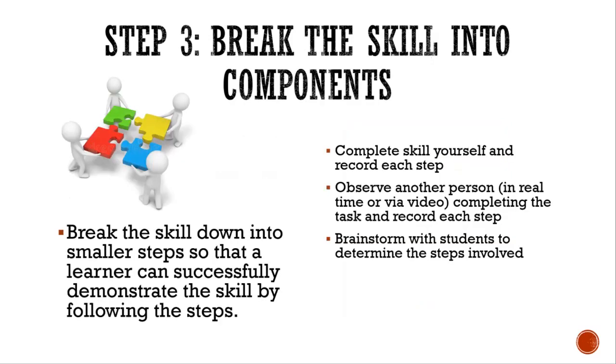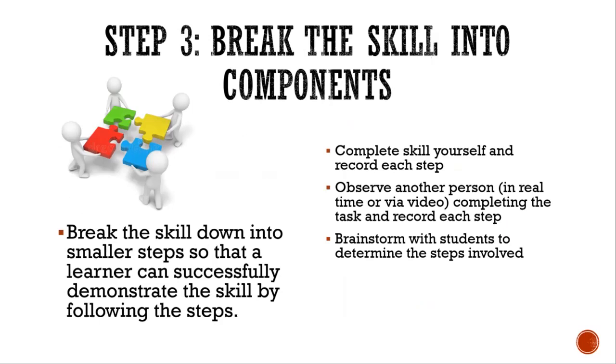The next step is breaking the skill down into components. You're going to break it down into smaller steps so that the learner can successfully demonstrate the skill by following those steps. There are several ways that you can use to break the skill into components, things like completing the skill yourself and recording each step as you do it.